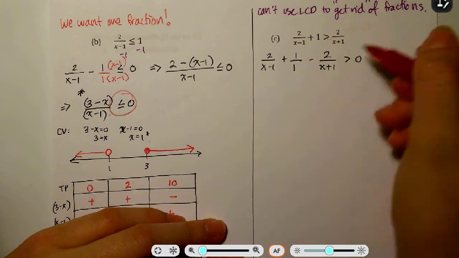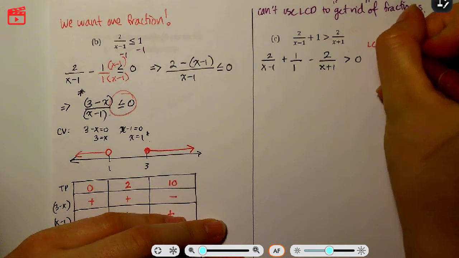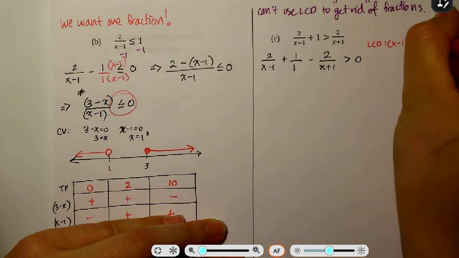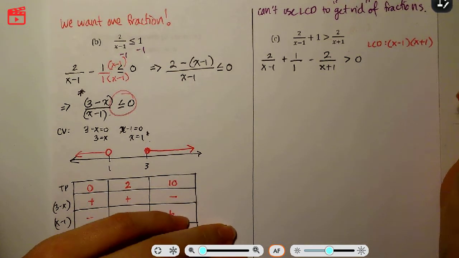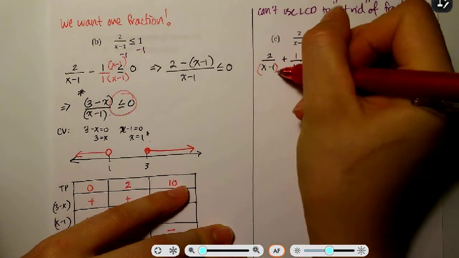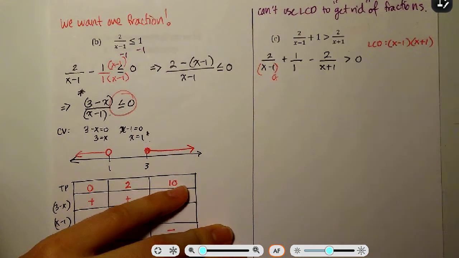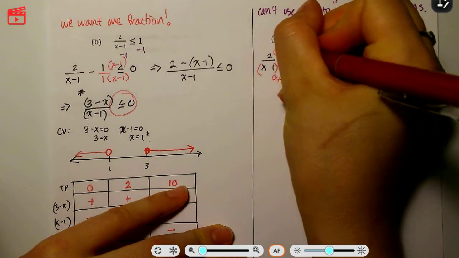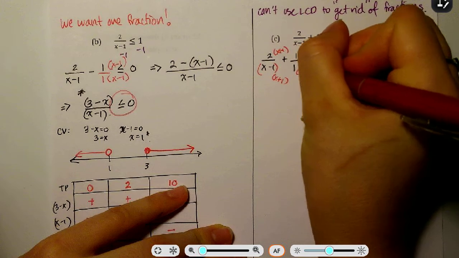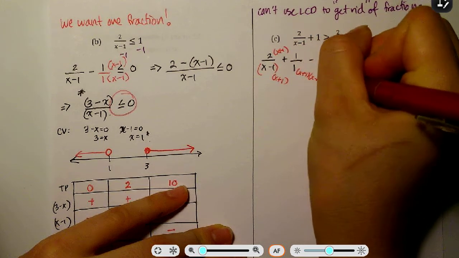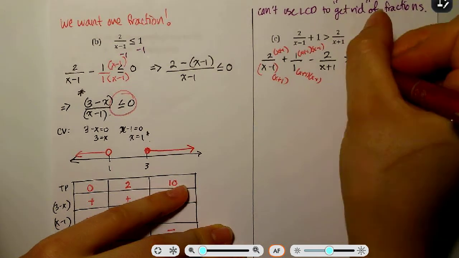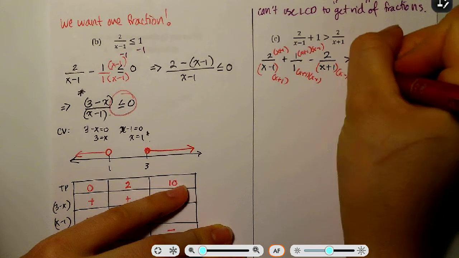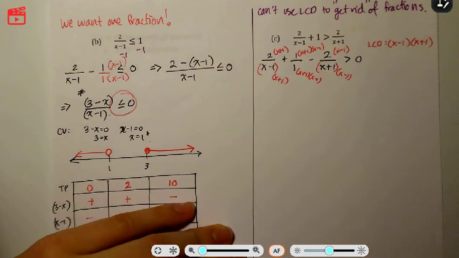Let's see, looking at the denominators, the LCD is going to be x minus 1 and x plus 1. So we're going to go ahead and do the building up property for that for all of them. So that's going to be multiplying by x plus 1, x plus 1. For this one, multiply x plus 1, x minus 1, x plus 1, x minus 1. Building up property. X minus 1, x minus 1.